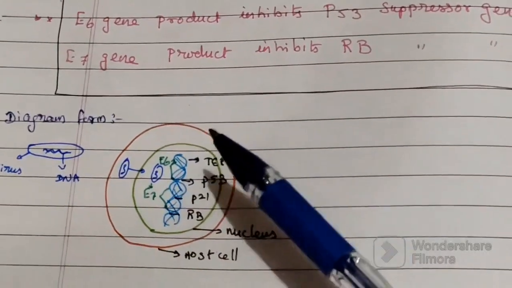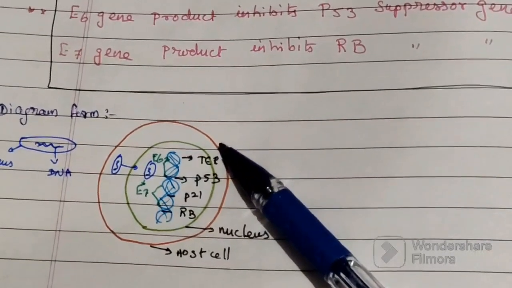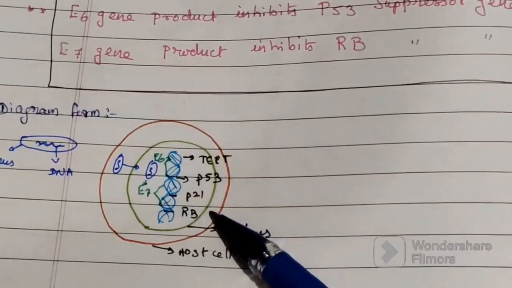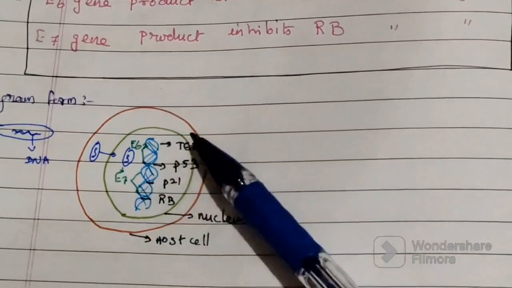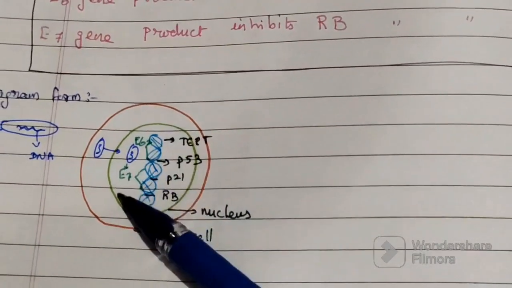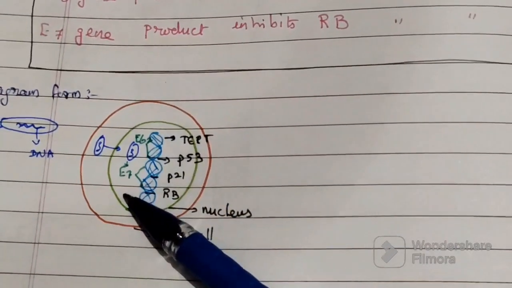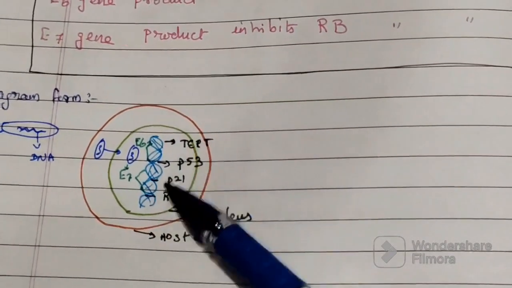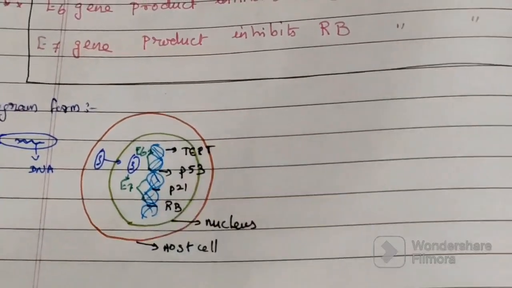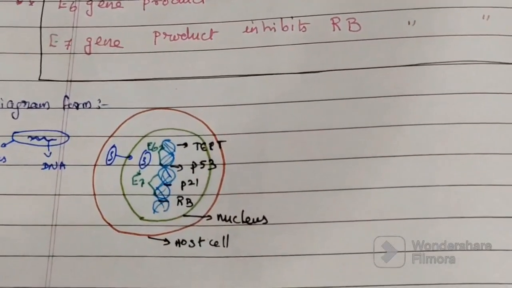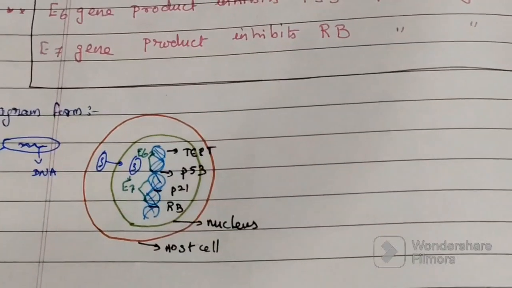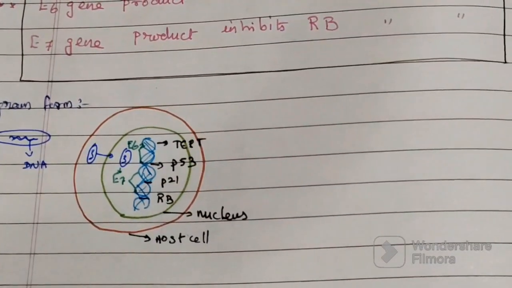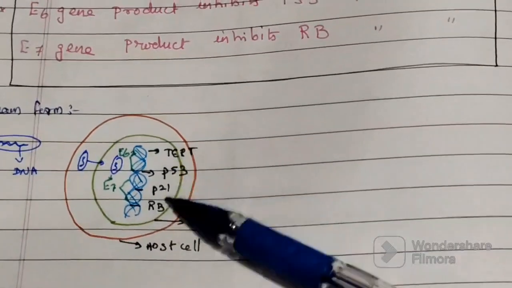So this is the host cell. This is the nucleus. The nucleus has DNA. The DNA codes for 4 genes: TERT, P53, P21, RB. The 4 genes are present in the DNA of the host cell.